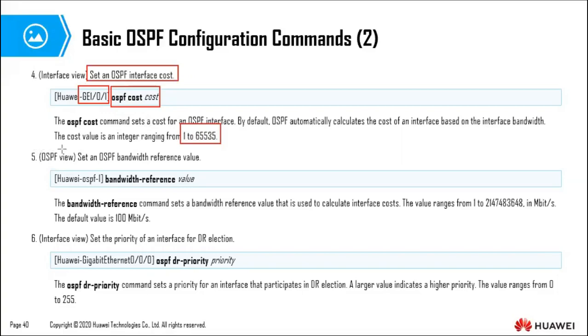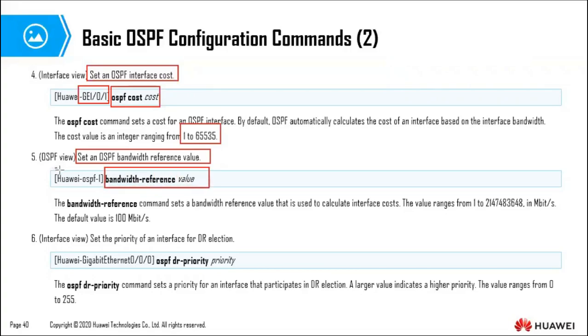Otherwise, you can change the bandwidth reference value. You remember what was the default bandwidth reference value at the numerator? It was 100, right? Yeah, but we said it's not very accurate because it will give the same cost value for a 1 gig, a 10 gig and a 100 Mbps interface. So if you want to change this to a bigger value, the command is this.